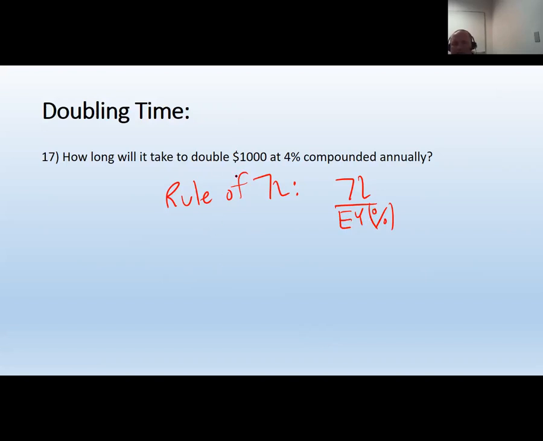And so what's the effective annual yield for 4% compounded annually? You take 1 plus R, which is 0.04, over N, which is 1 if it's compounded annually, and then you raise this to the nth power, which is 1, and subtract 1.